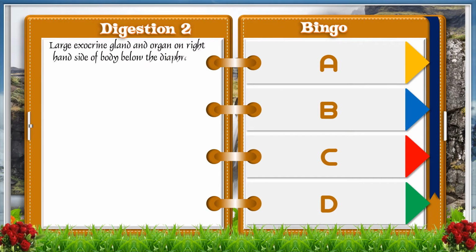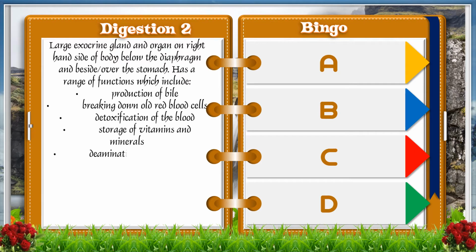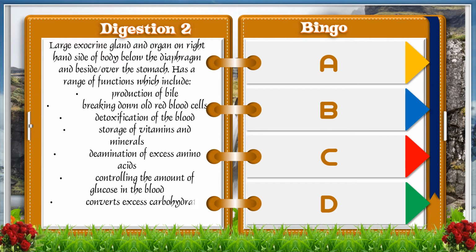Large exocrine gland and organ on the right hand side of the body below the diaphragm and beside the stomach, has a range of functions which include: 1. Production of bile. 2. Breaking down old red blood cells. 3.